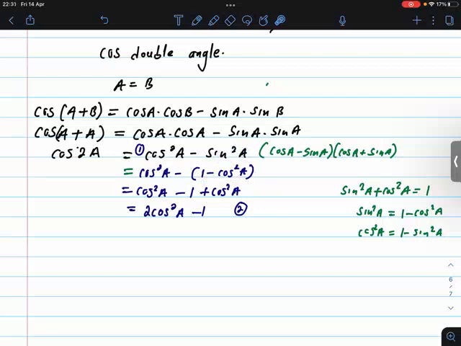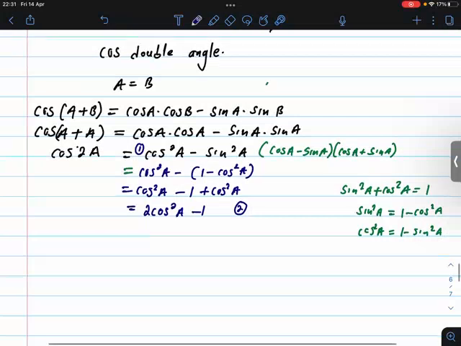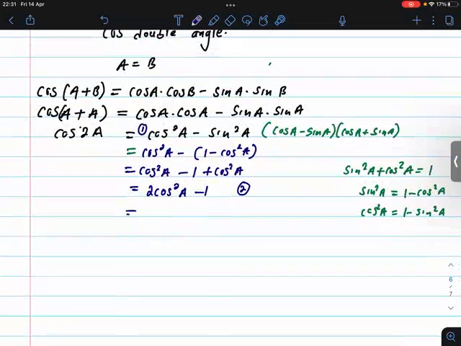If I want to change this one into sine only, not cos, from the very same first equation, where there's cos squared A, what am I going to put? I'm going to put that in terms of sine.